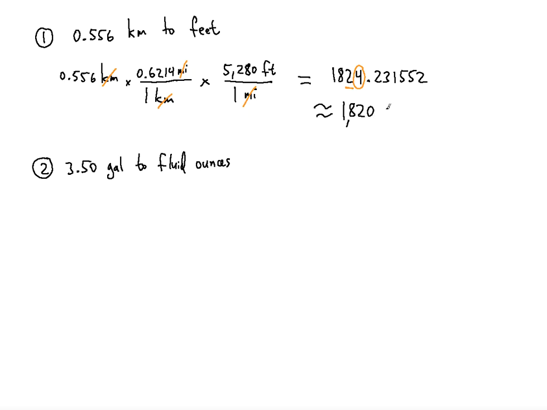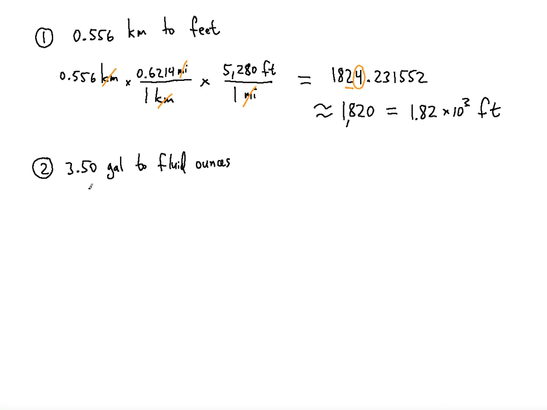So in order to make it 3 significant figures, you're going to do 1.82 times 10 to the what power? We move the decimal 3 times: 1, 2, and then 3 for the 0. So to the 3rd power. Now don't forget the units. It's going to be feet, because that's what you converted it to.